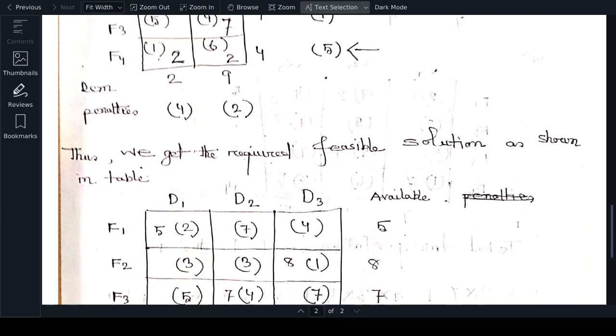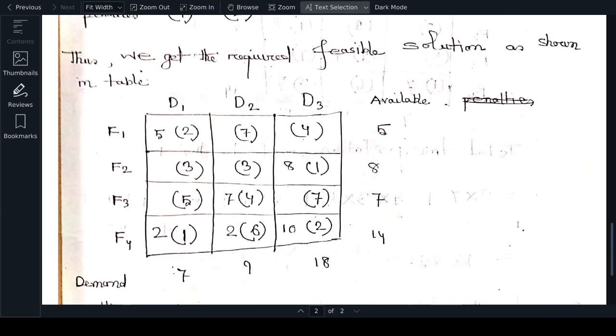Next you check. Allocation in the first row is 5. Availability is 5. Allocation is 5 in the first column and 2 in the first column, so 5 plus 2 is 7. So in demand, 7. Second row, allocation 8, availability 8. Second column, allocation is 7 plus 2, 9.